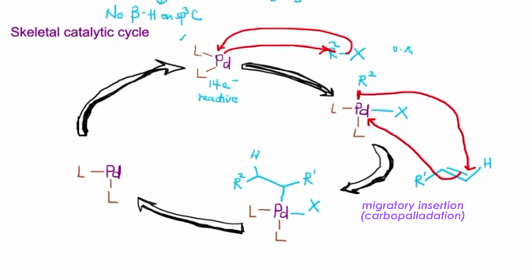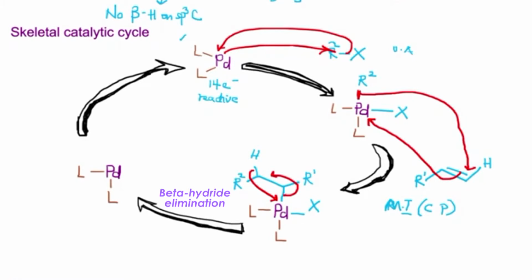Once this reaction step, which is called carbopalladation, is performed, the next reaction step is where we need to involve our beta hydrogen. What happens here is that our beta hydrogen moves over to the palladium, and this bond cleaves and then forms our pi bond. We generate our product, which is our new alkene, where we have our R2 bonding with a double bond, and this is our R1, and our side product, which involves the metal coordinating with the hydrogen.